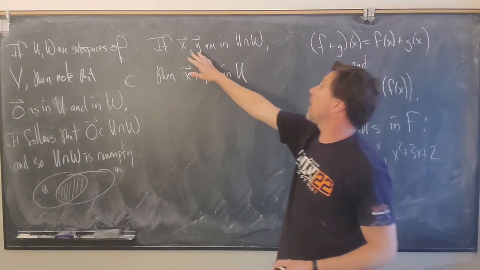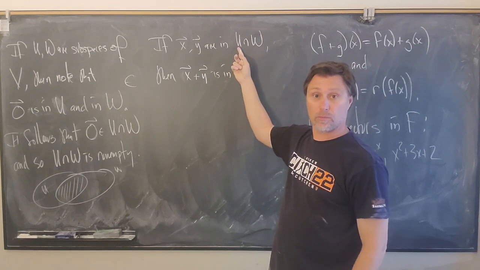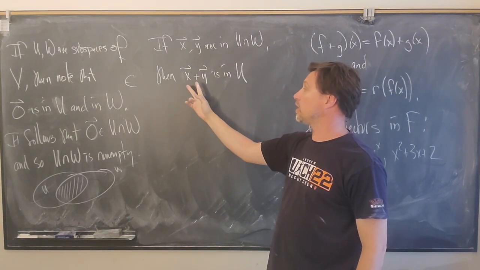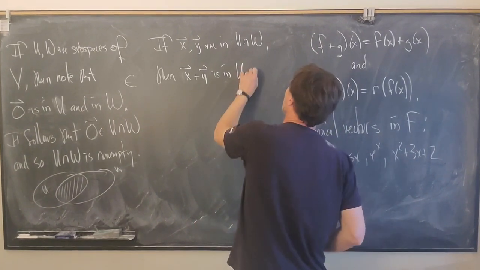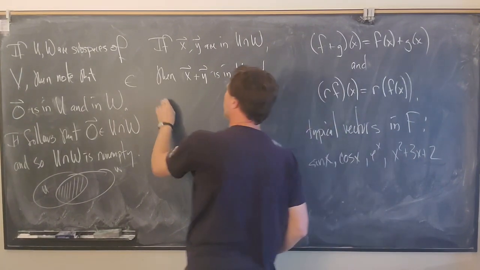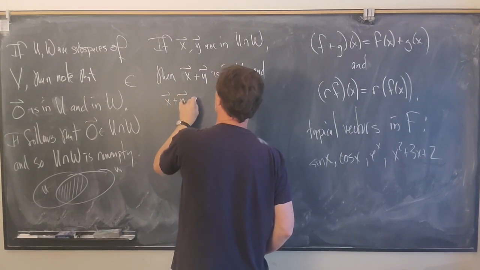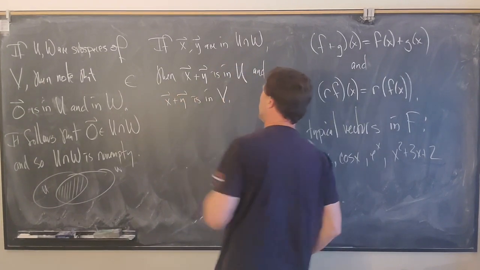Well, if X and Y are in the overlap, that means that they live in U. U is closed under addition, so X plus Y has to live in U. Same reasoning, and X plus Y is in W.